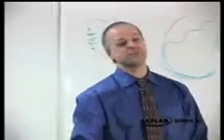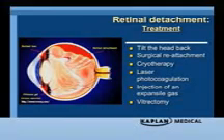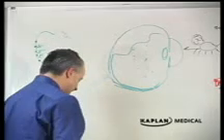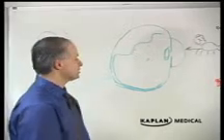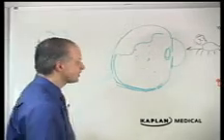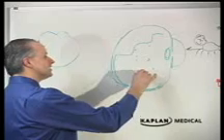Now, one of my favorites is, if you can't get that nasty epithelium to go back there, because it just won't go back, let's put a needle in here and inject some expansile gas. Don't you like that? Let's inject a little gas in there.